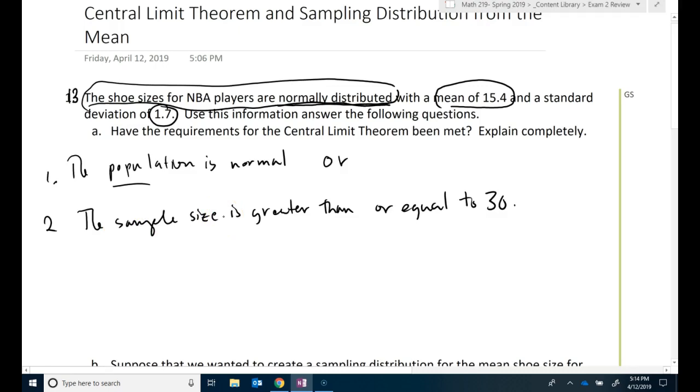If I know that's the case, then I also know the central limit theorem conditions have been met. I only need one of these. Notice the or. So if you know the population is normally distributed, you're done. If you know, on the other hand, the sample size is greater than or equal to 30, you're done. Just mention one of them.